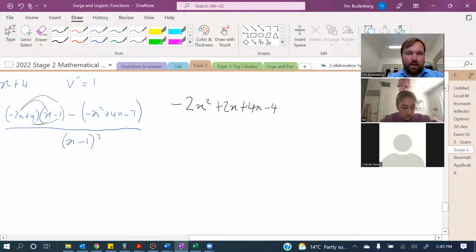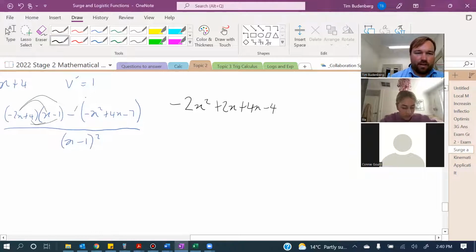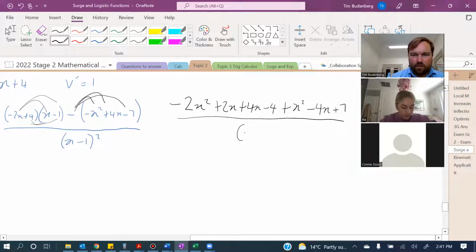And I'm going to distribute the negative into that bracket to make plus x squared minus 4x plus 7, all still over x take 1 squared. Now let's collect like terms.